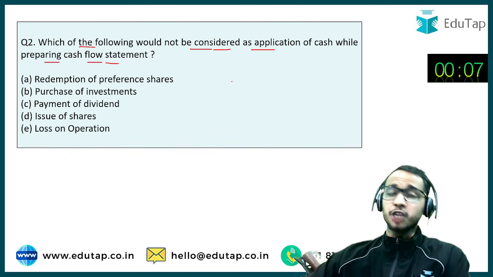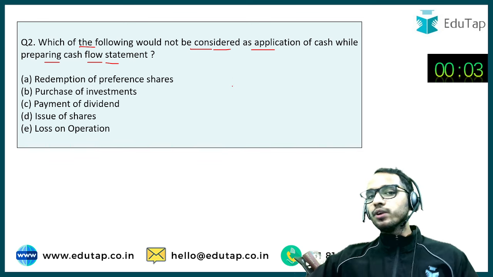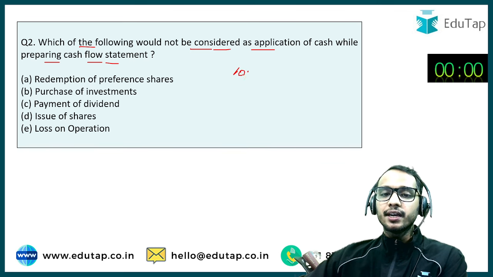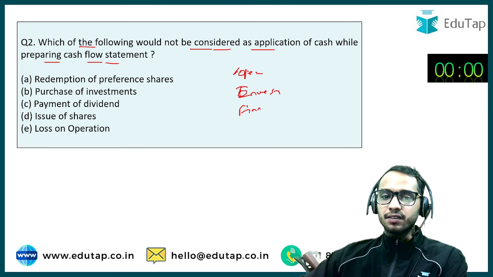In the cash flow statement, what do you have? You try to find out the cash flows from operating activities. Then you try to find out cash flow from investing activities. Then you try to find out the cash flows from financing activities.